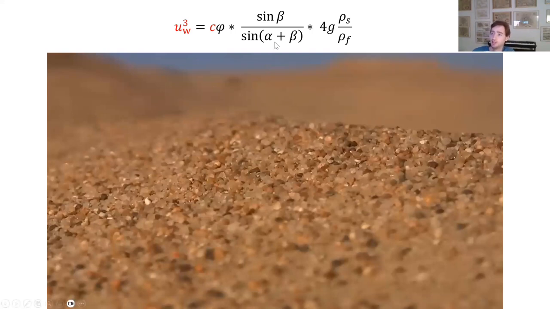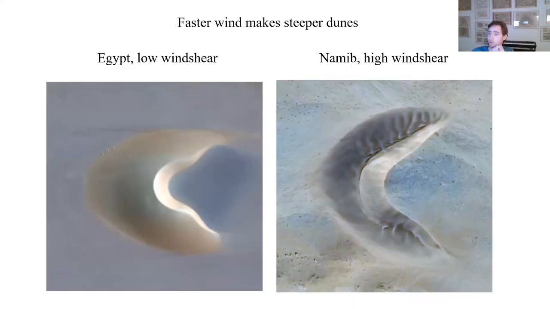So we must get some increase in this sine of beta, and that's exactly what we see on satellite images. So regions that have relatively low wind speed, like the Barkhan on the left, these are relatively shallow dunes. Now, as the wind speed increases, the trigonometric identity has to go up, and it's mostly controlled by the sine of beta. So actually the windward angle has to go up also.